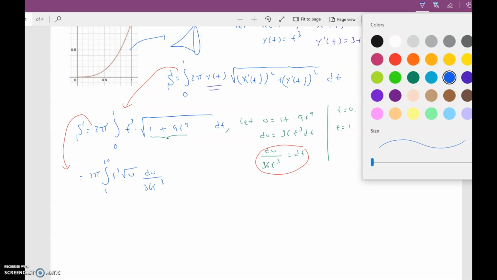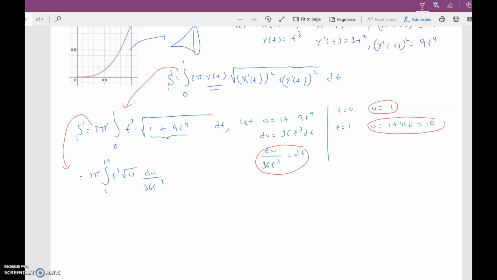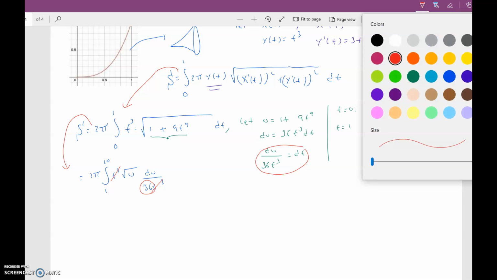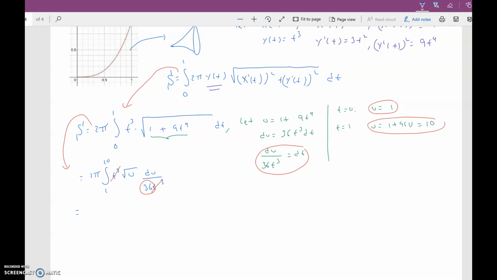And in this portion, we technically needed those t to the third to cancel. Let me extract that constant. So this is going to be 2 pi over 36 times the integral from 1 to 10 of the square root of u du, which is just going to reduce to 18.